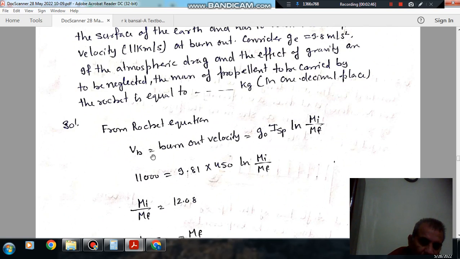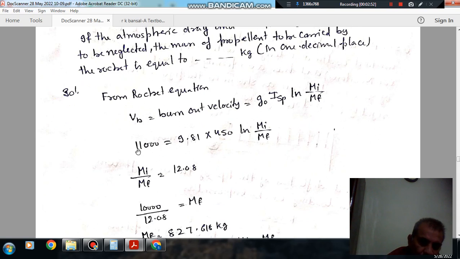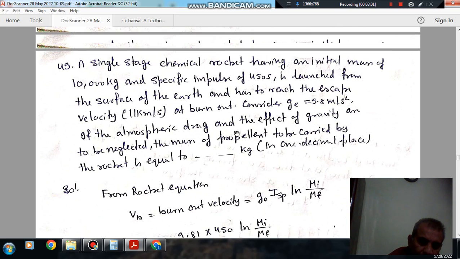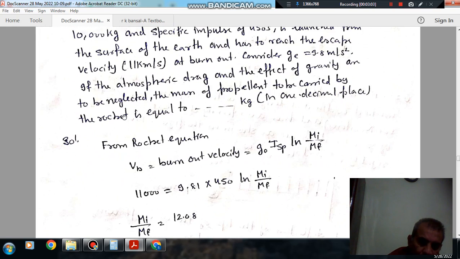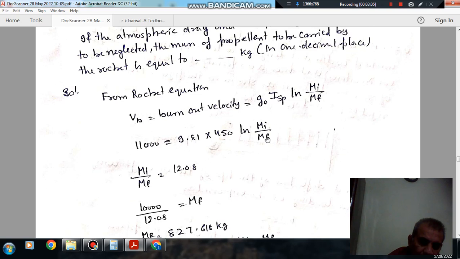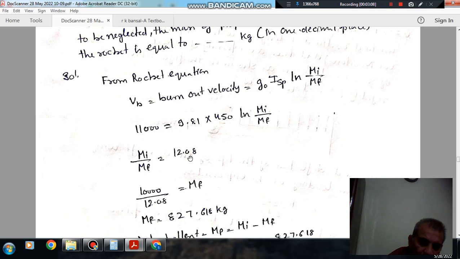From rocket equation we have Vb, the burnout velocity, is equal to g naught Isp ln mi by mf. So Vb is 11 km, so 11,000 meter, and this is 9.81, and Isp is 450, and ln mi by mf. Okay, so mi by mf comes out as 12.08.